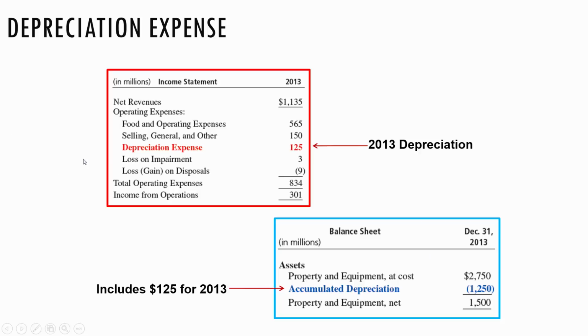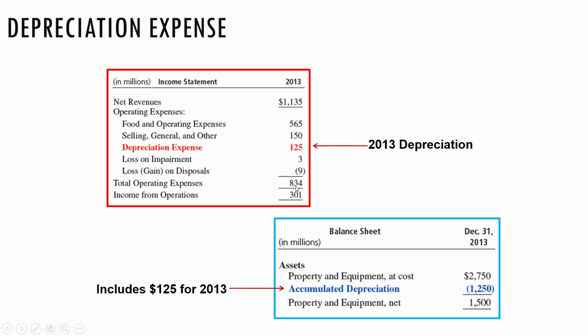Notice up here on the income statement, our depreciation expense only reflects the depreciation expense for this particular time period. This accumulated depreciation is an accumulation of depreciation over the life since the beginning when we first started taking depreciation on this asset.